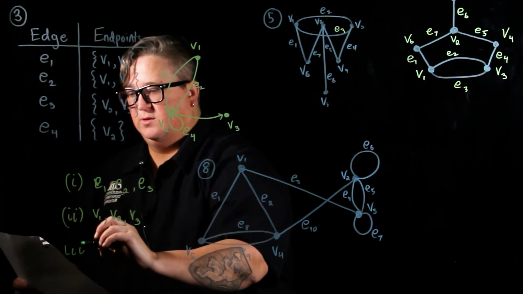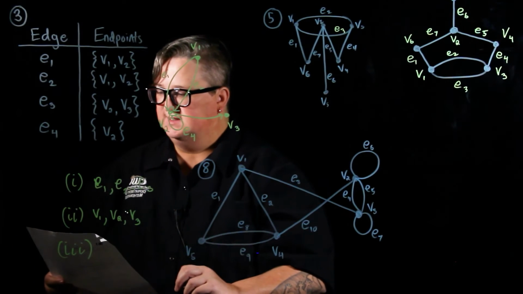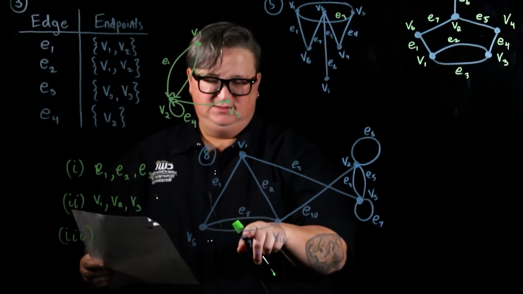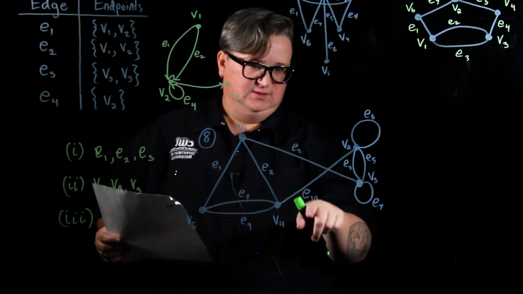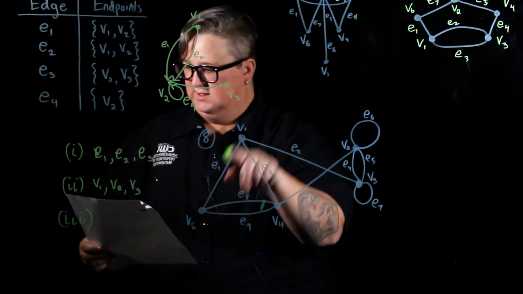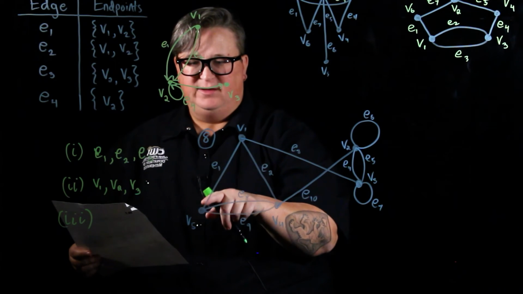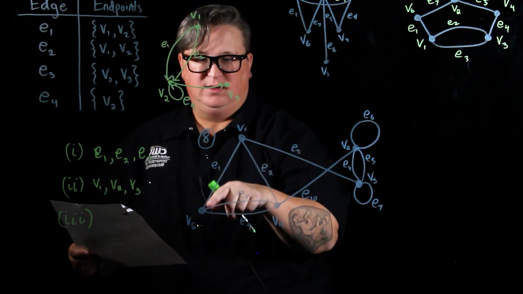And then for Roman numeral 3, find all edges that are adjacent to edge 1. So edges that are adjacent to edge 1, which edge 1 is right there. The ones that are adjacent to that are ones that share a common vertex.